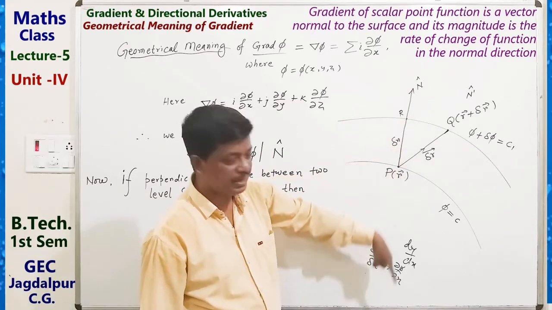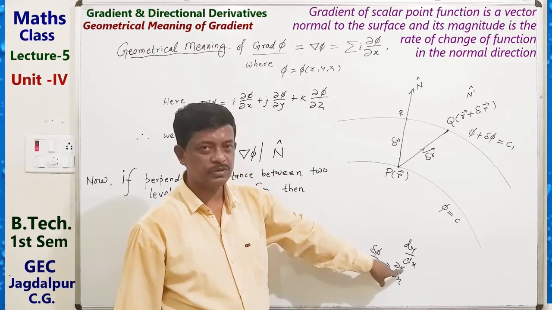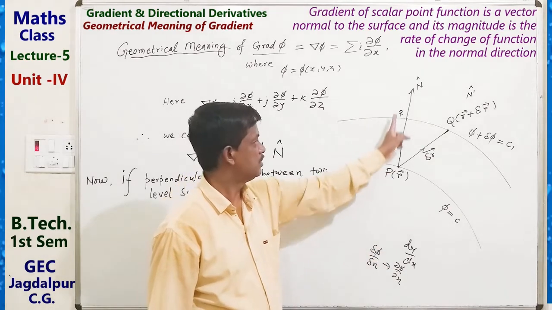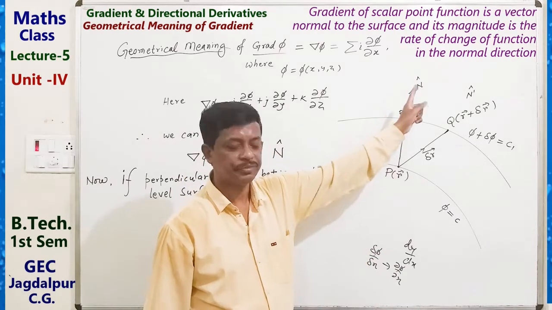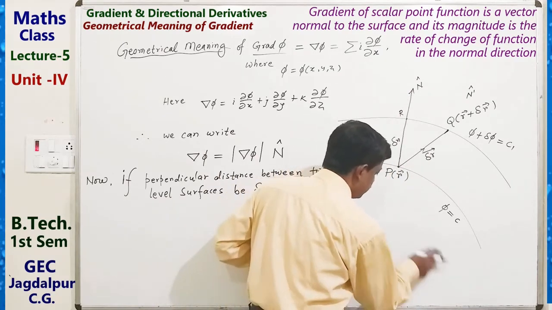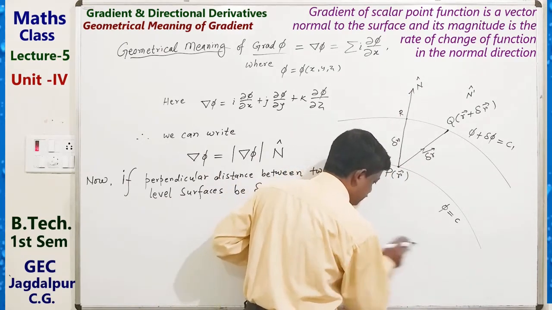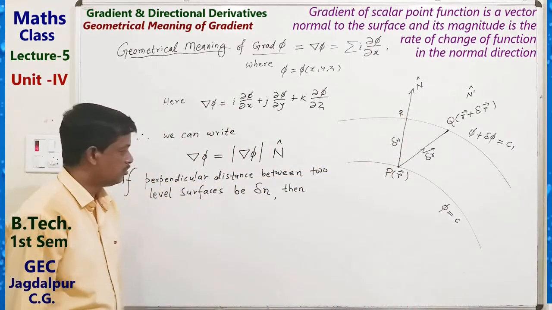Del phi by del n means the rate of change of phi in this direction, in the direction of normal to the surface at P, because this is the normal direction. Okay.